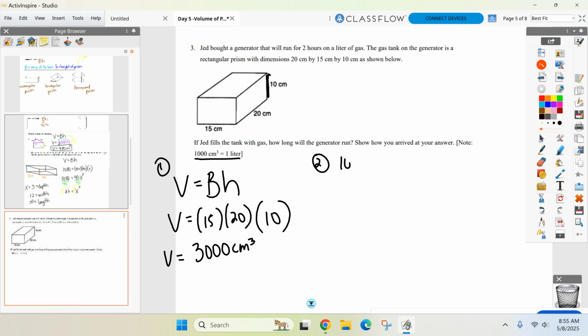Take the conversion: 1,000 centimeters cubed equals 1 liter over... Keep the same units together, so keep that 3,000 with the 1,000. Go ahead, cross multiply. I'll ask somebody how many liters this generator can hold.